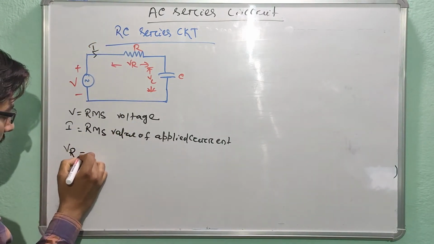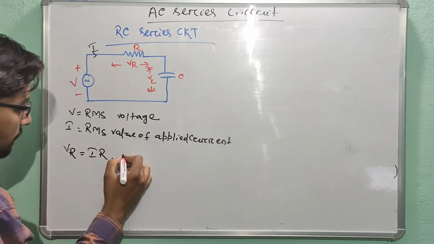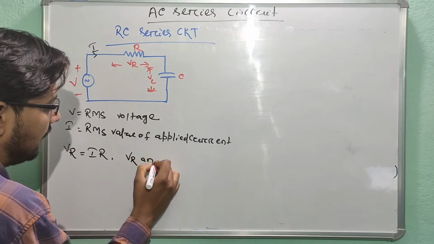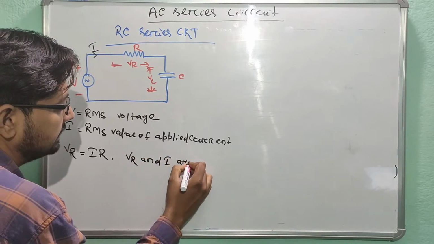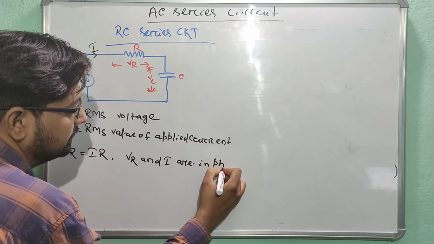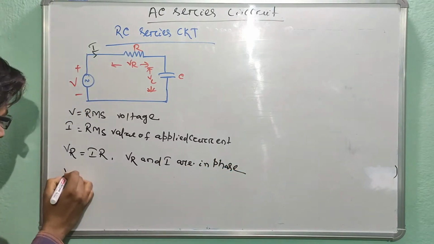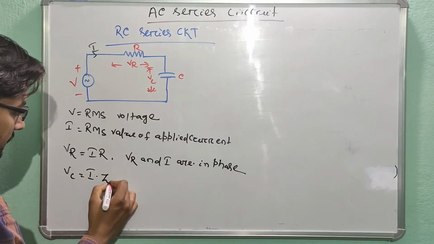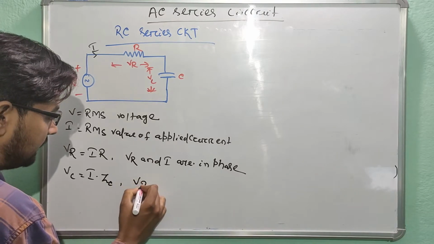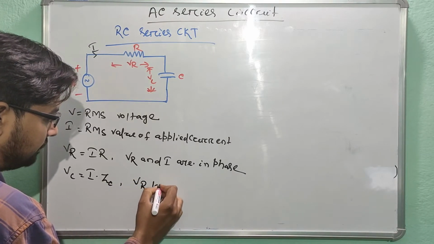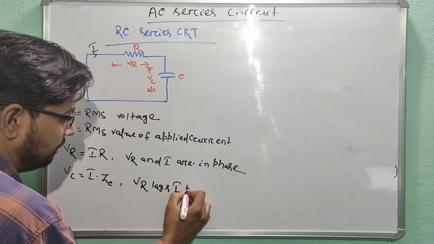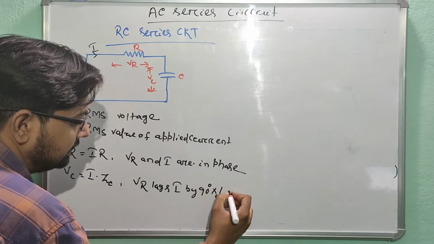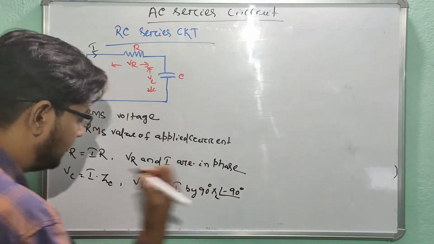VR is equal to I into R, where voltage VR and I are in phase. And what is my VC? That is equal to I into ZC, where VC lags I by 90 degrees, that is equal to XC at an angle of minus 90 degrees.